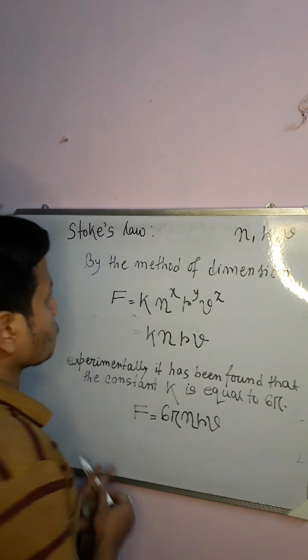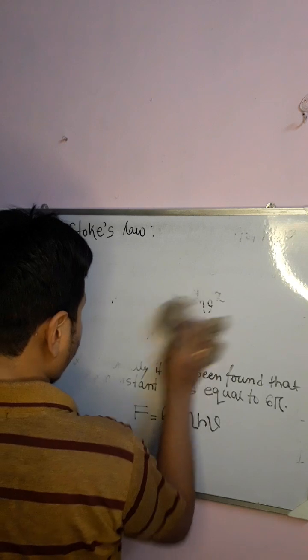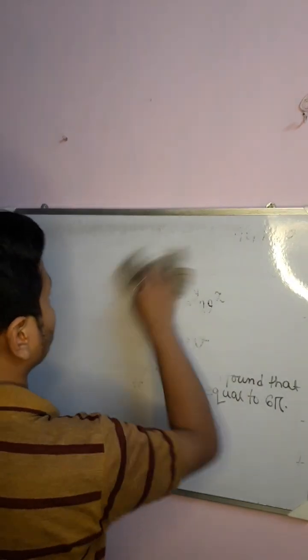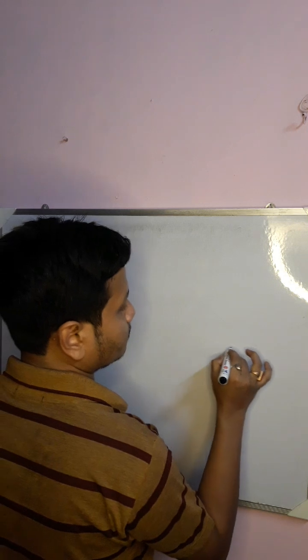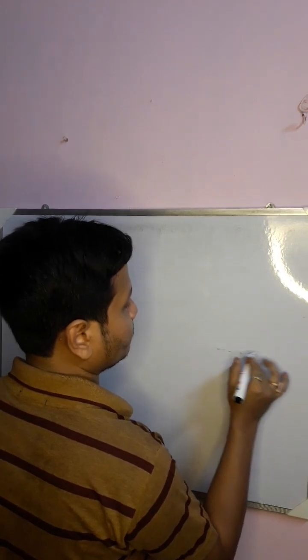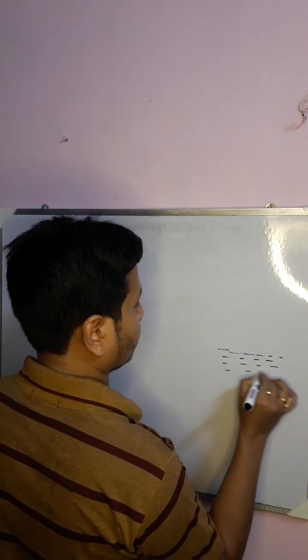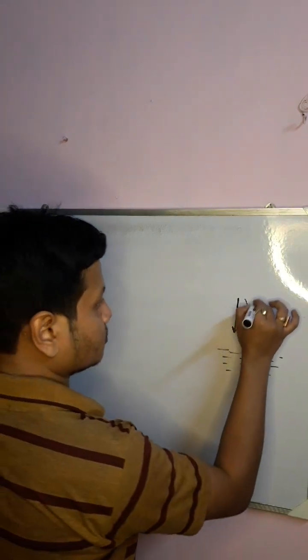Now one thing we have to discuss, that is how this law can be used to find out the viscosity of more viscous liquids. Suppose this is the liquid medium, and the object falls in this direction, say with a velocity v.